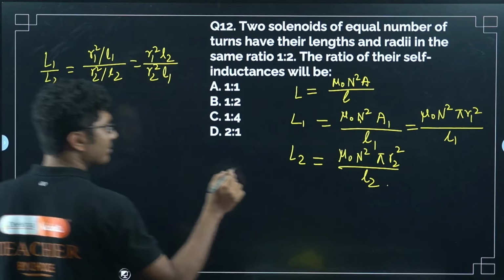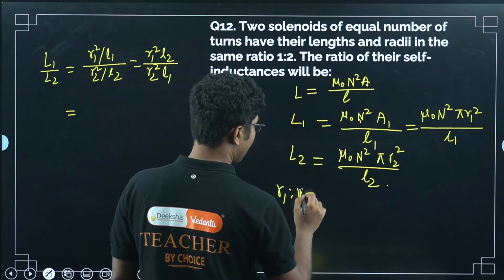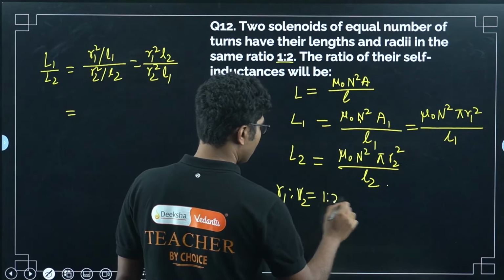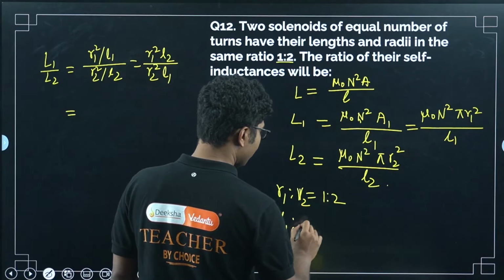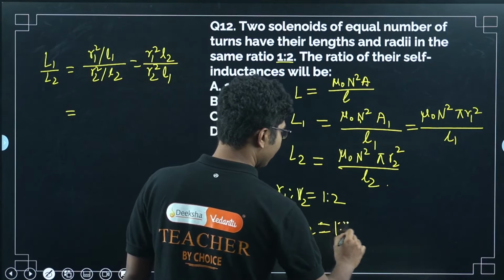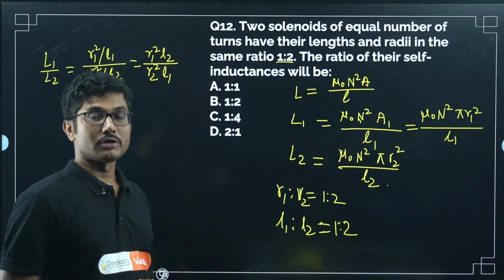Now r1 is to r2 is given by 1:2. Their lengths also have the same ratio. Same ratio means length will also have the same ratio as radius.